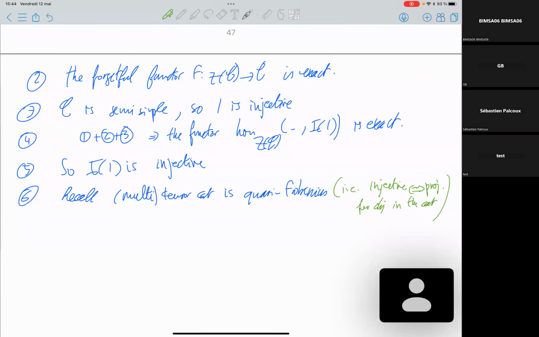This is the definition of quasi-Frobenius. So a multi-tensor category is quasi-Frobenius.